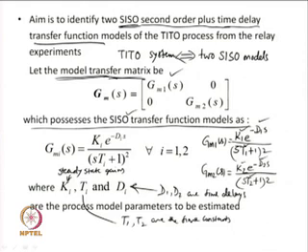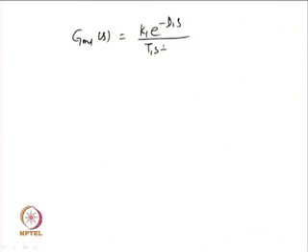Now, we have assumed a second order transfer function model for the two SISO models of the TITO dynamics. Why have we assumed the second order dynamics? I mean to say GM1 as I have written is K1 e to the power minus D1 s upon (T1 s plus 1) square.